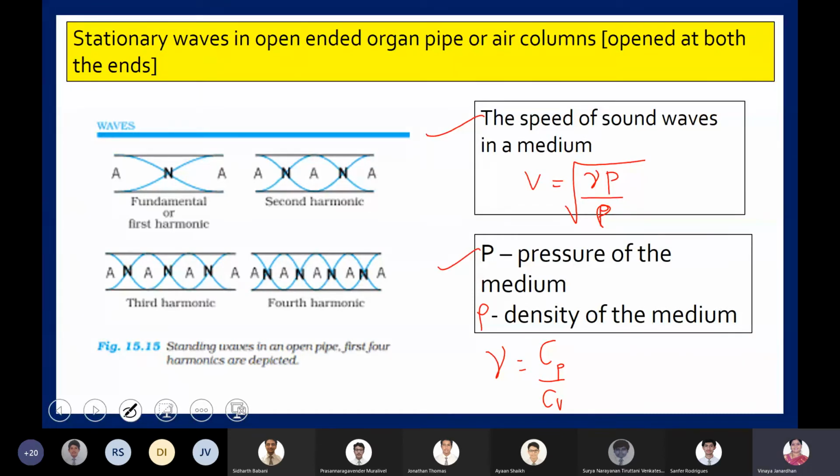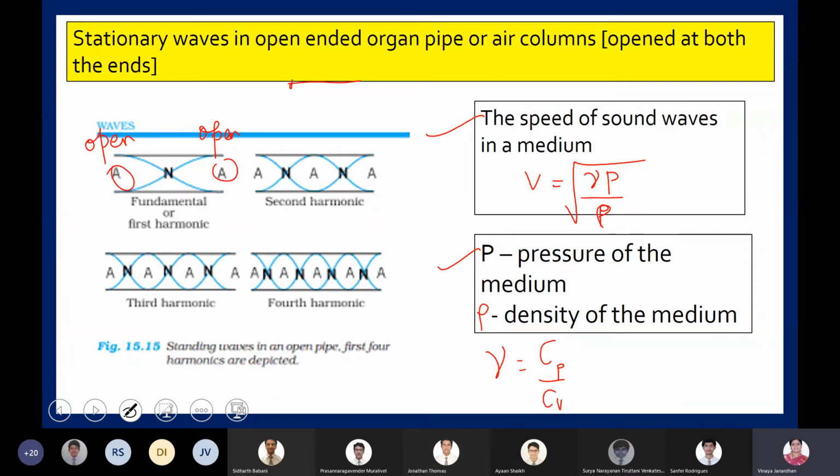Keep this in mind, boys. In an organ pipe like this, one end is open, the other one is also open. Wherever you have openings, you will have antinodes. Wherever you have a closed end, as in a string where both the ends are closed, there will be a node.